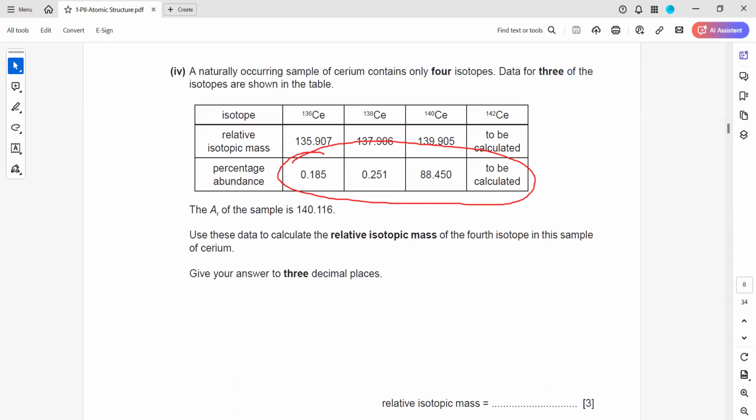Because the total sum of all the percentage abundances of each isotope, when we add them, should be 100. So when we subtract all this from 100, we get 11.114.